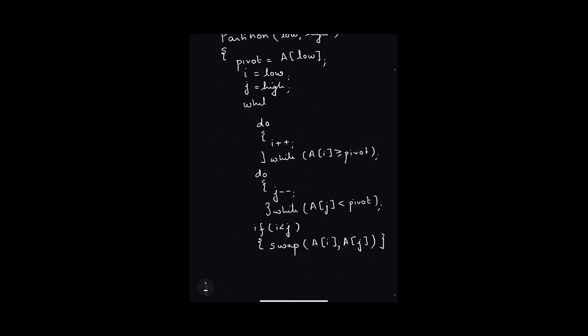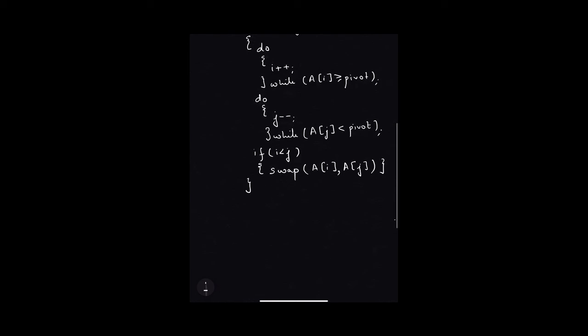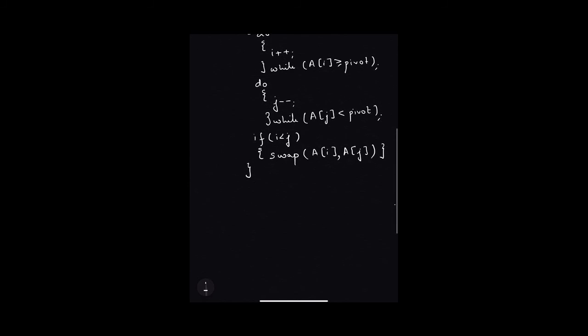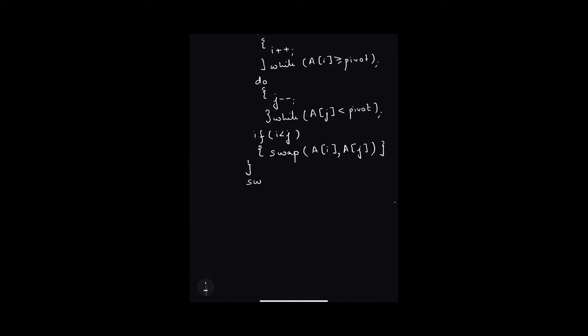Now what happens when my i value becomes greater than j? Then a swap between the pivot element and the jth element occurs, and I return this j variable to the function that is calling it.